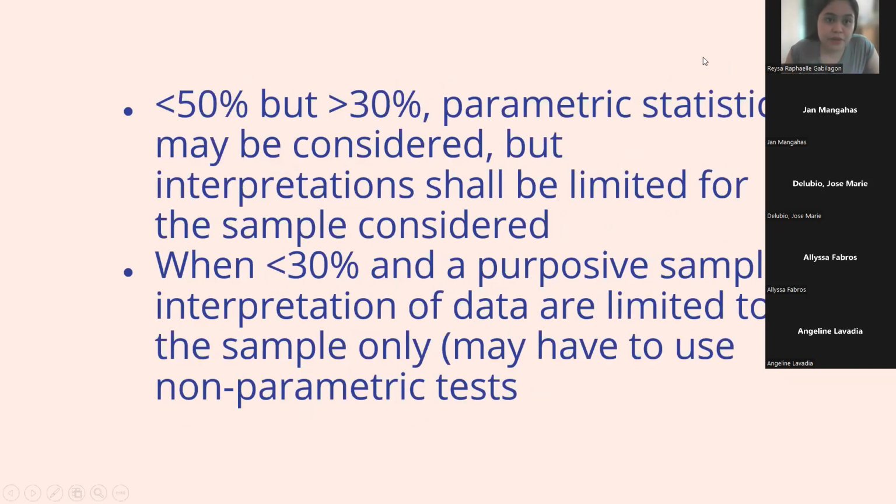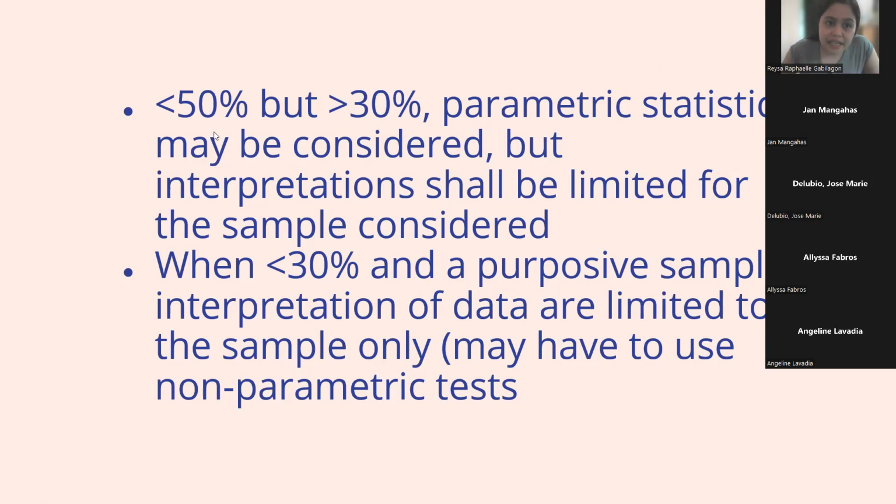So please take note na a sample size that is less than 50% but more than 30%, parametric statistics may be considered. May effect kasi ito sa statistical treatment. I don't know kung ano yung background niyo sa statistics class, but di ba we have two types of statistical tools, parametric and non-parametric.